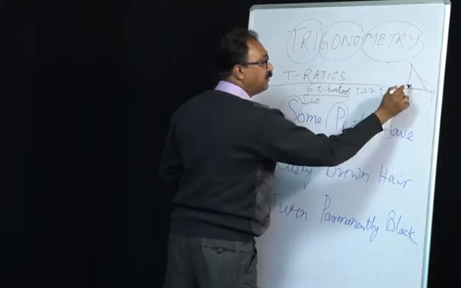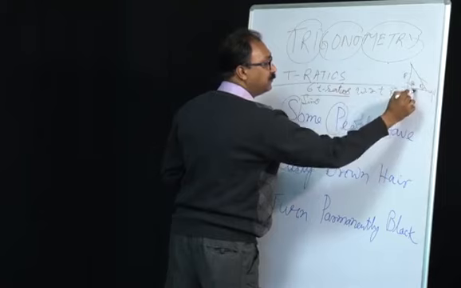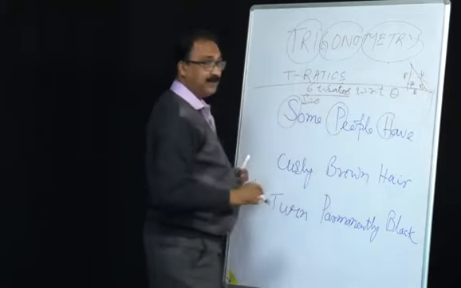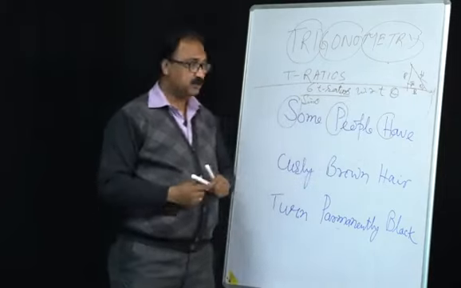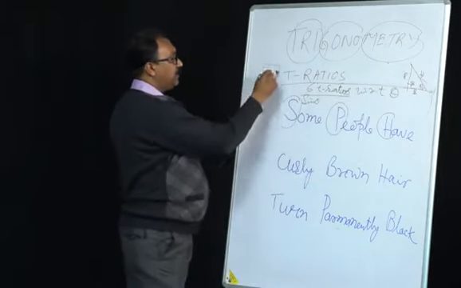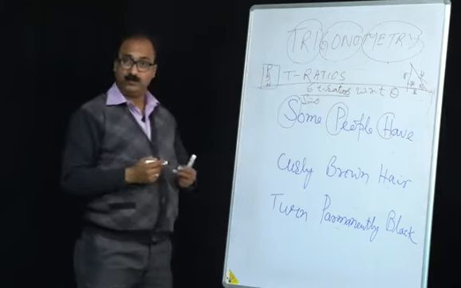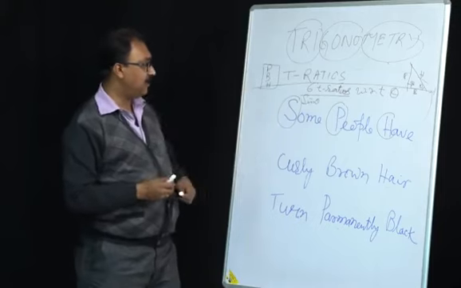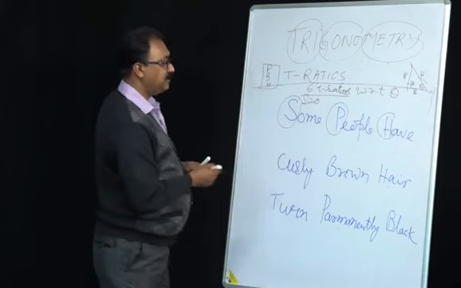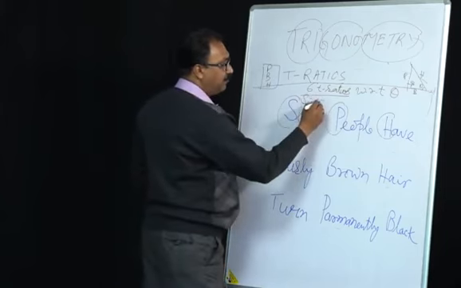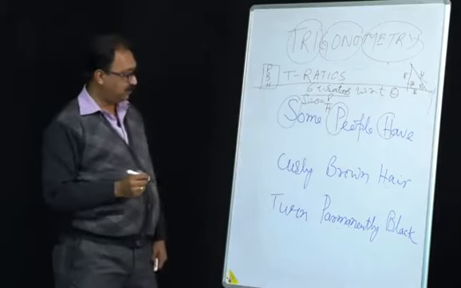Suppose this is angle theta, this is 90, so it is P, it's B, it's H. So these 3 help us make the ratio, P, H and B. The keywords to find the ratios are P, B, H. Clear? Please remember the keywords. So sin theta is P by H. See, we can remember easily. Some people have: sin theta equal to P by H.